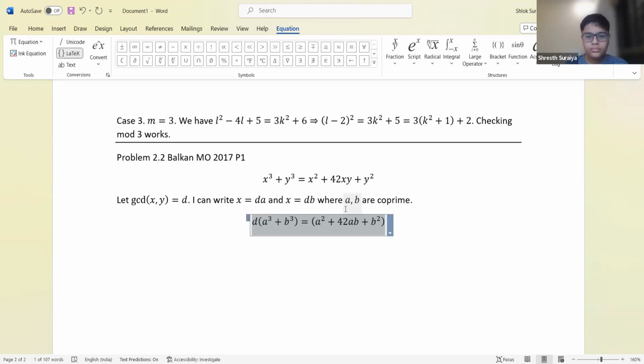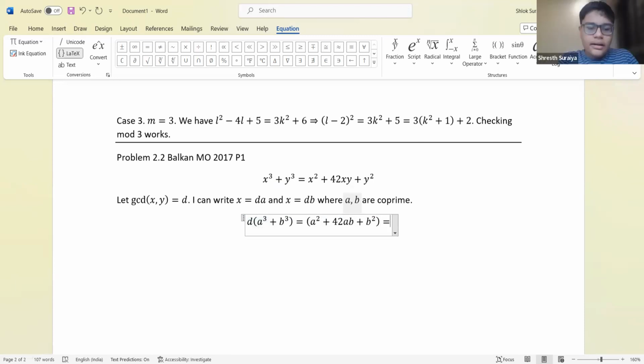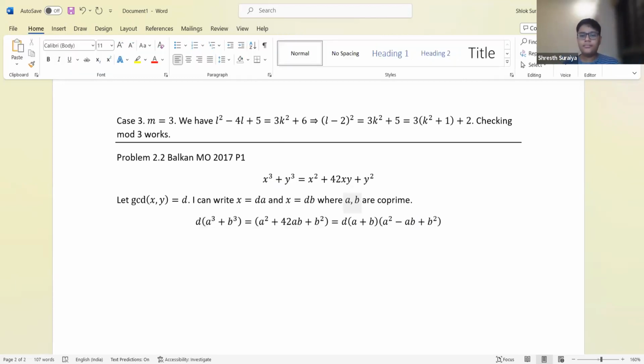And then I can write a cube plus b cube as a plus b times a squared minus ab plus b squared.